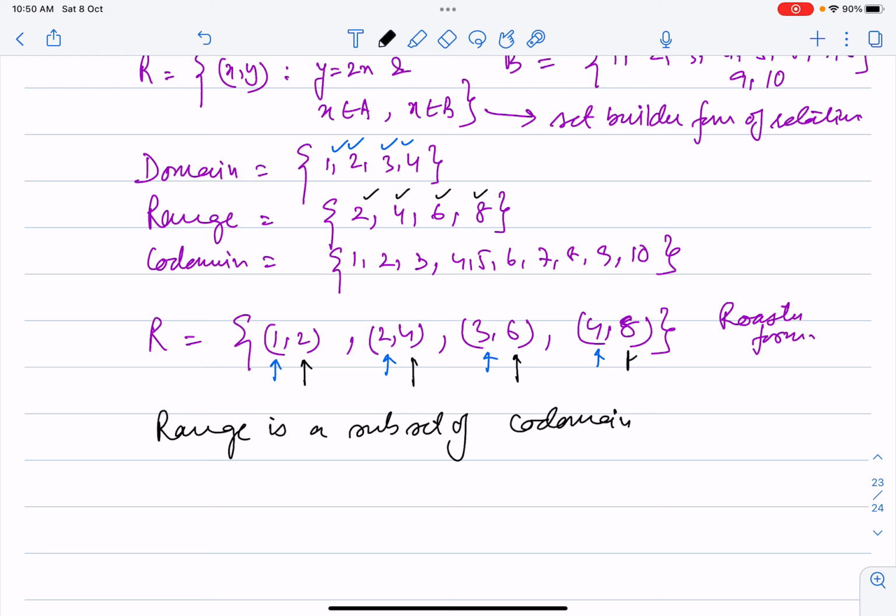So I hope you have understood the point I wanted to make regarding relations. This much theory is there in the chapter of relations and functions, the 11th class CBSE syllabus I am talking about.